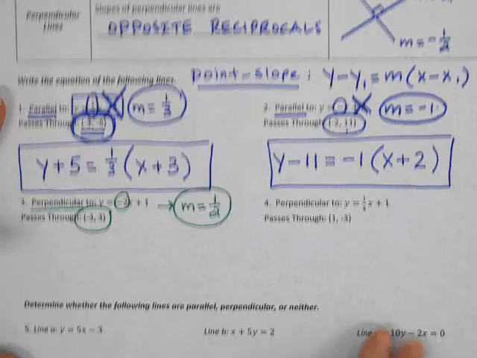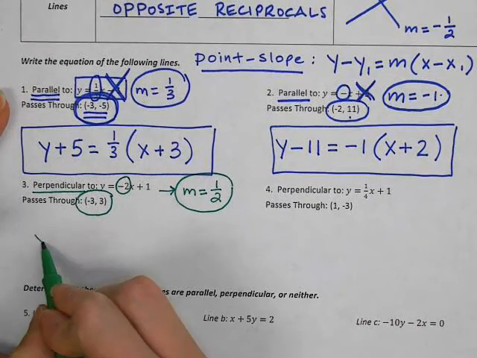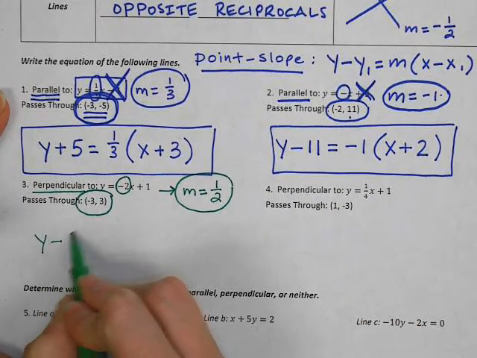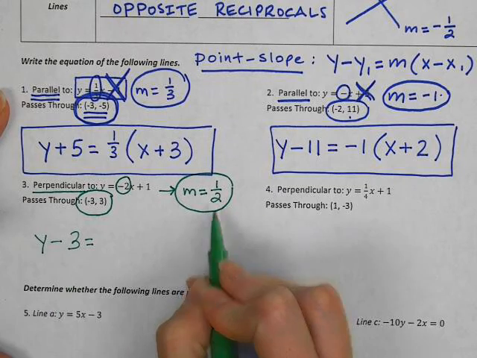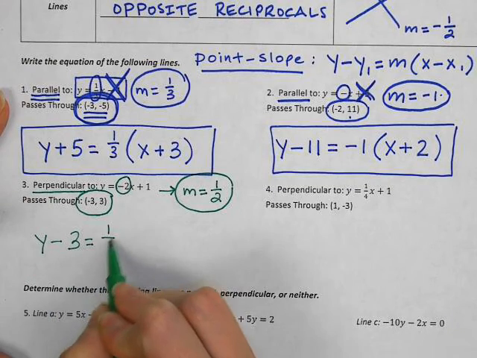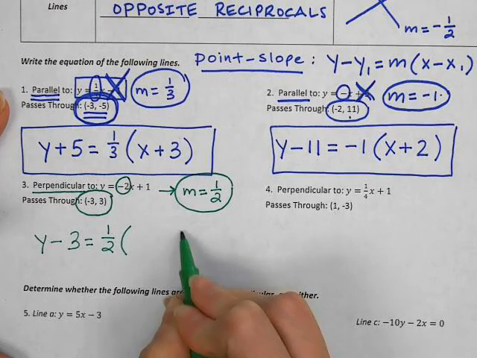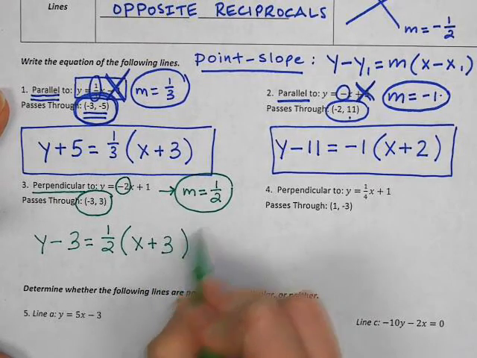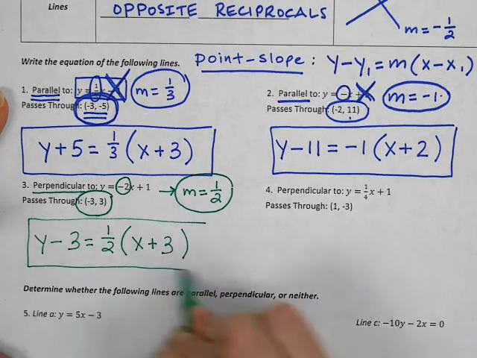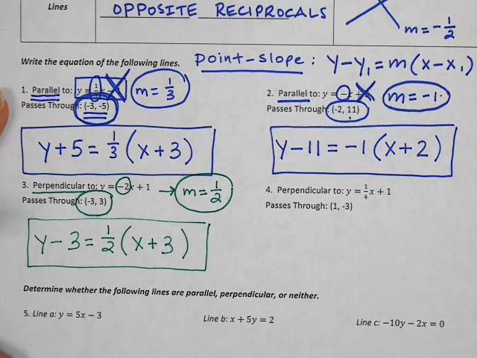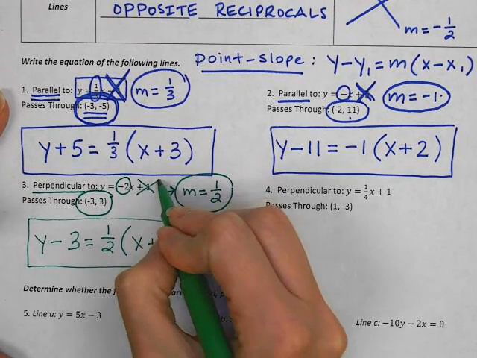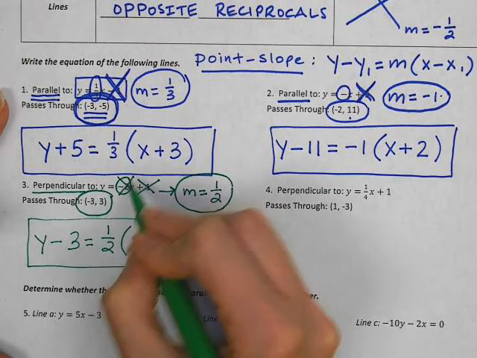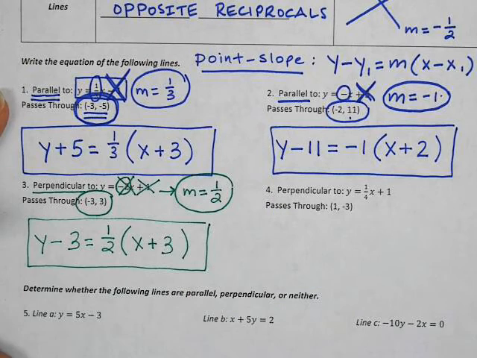And again, point slope form, it's going to be y minus y1, which is 3, equals our new slope, 1/2, because it's perpendicular, times x minus x1. So minus the minus 3 becomes a plus 3. And again, this 1 did not matter, and this 2 did not matter because we wanted the 1/2.